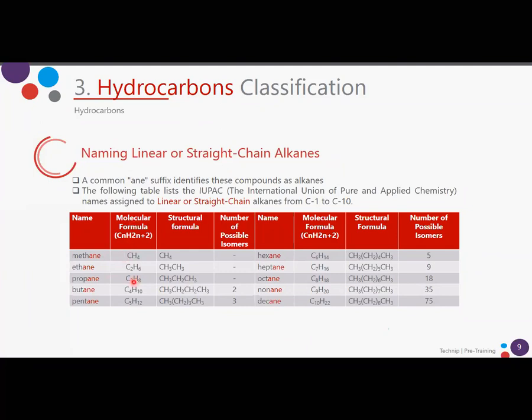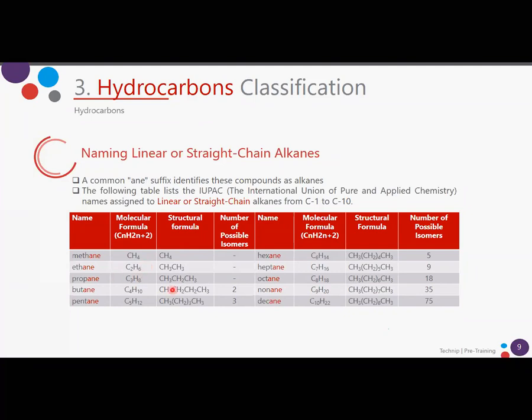We'll see here the molecular formula and the structural formula, and in this column the number of possible isomers. For methane, we don't have isomers, we don't have another way to put the 1 carbon and 4 hydrogens, neither with ethane, that is C2H6.